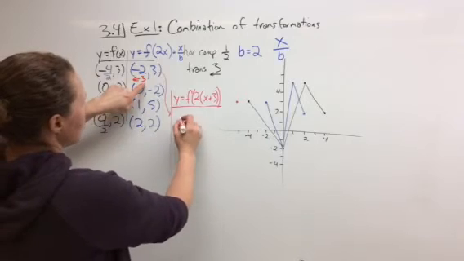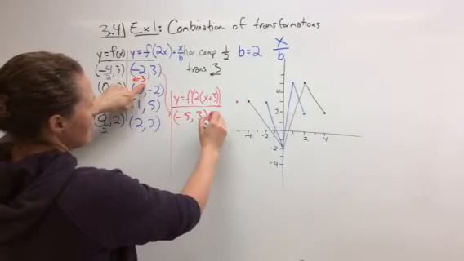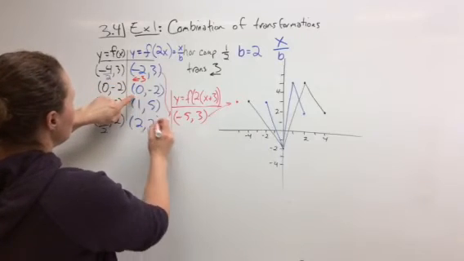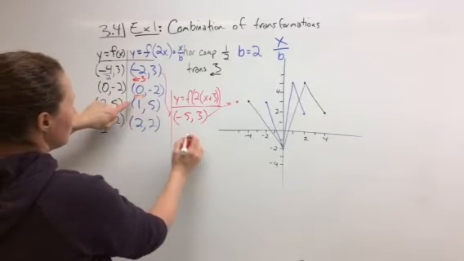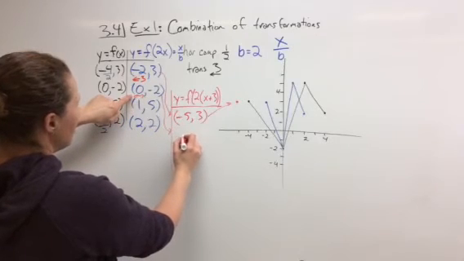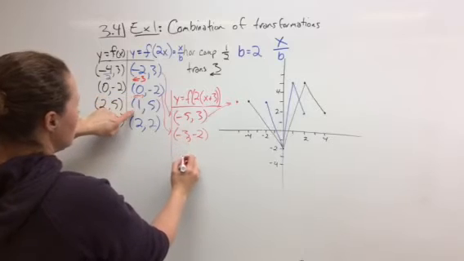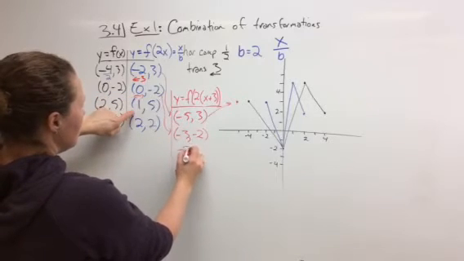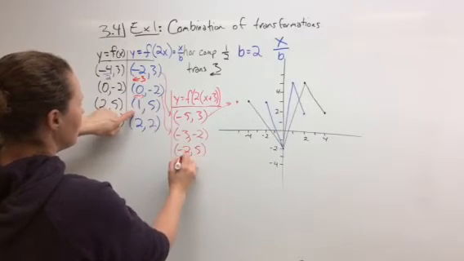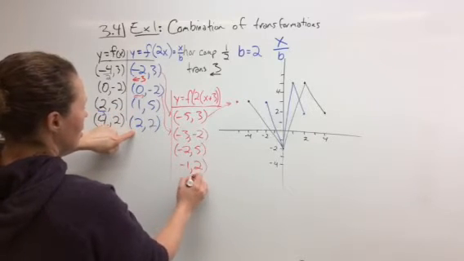So I'm moving this one 3 over, this becomes negative 5 and 3, that's that guy there. And then this one's going to be 3 over as well, so this point becomes negative 3 and negative 2. This one becomes negative 2 and 5. This one becomes negative 1 and 2.